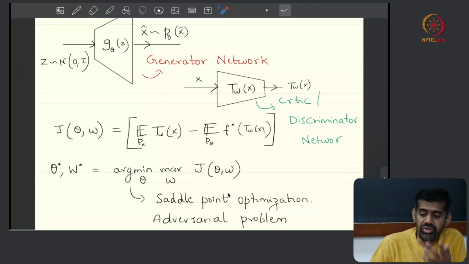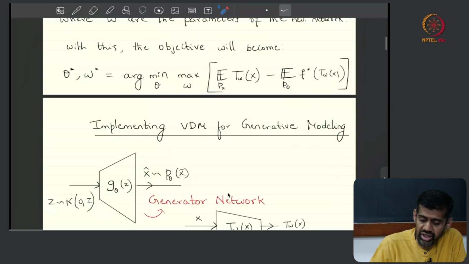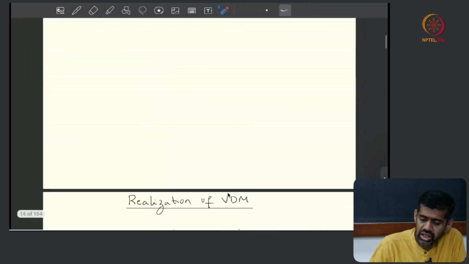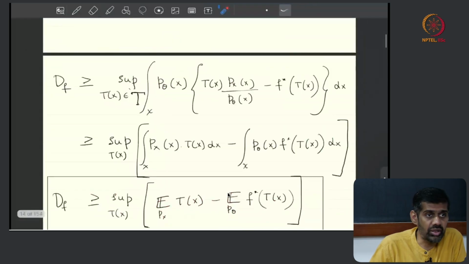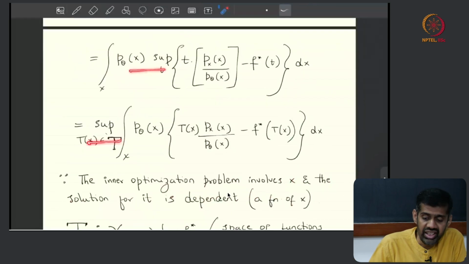Now, last class there was a question, and for the sake of completeness I have to mention it. When we go from this step to this step where we are constructing the lower bound, when we put the supremum outside, it does not automatically become an inequality. In fact, if you look at my writing here, I have pushed the supremum outside and still kept an equality here. So, this equality assumes that the class of functions that you are dealing with, script t, can have all those functions that would give you a pointwise solution for the inner supremum problem.